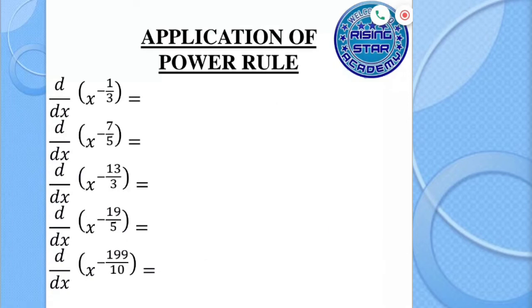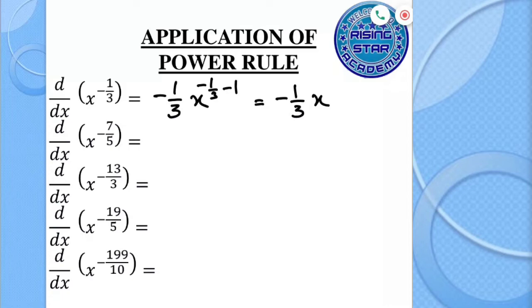Next, when we have the power in fractions with a negative sign, first of all we write the power as a fraction, then x to the power of minus 1 over 3 minus 1, so we have minus 1 over 3 x to the power of minus 3 minus 1, which becomes minus 4 by 3.